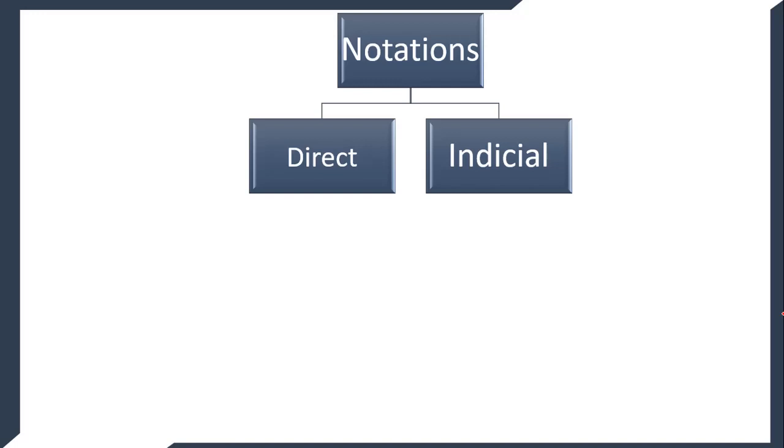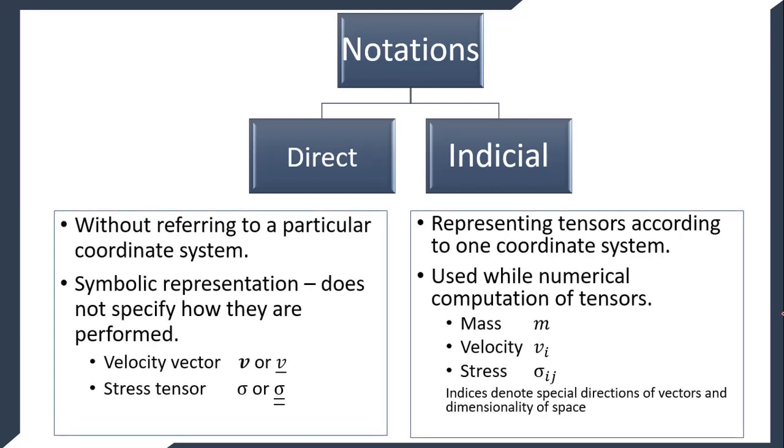So we have to take into account certain notations that we commonly use. There are two types of notations that we use while denoting a tensor, that is direct notation and also indicial notation. Direct notations are mainly used when we are not particularly referring to a coordinate system.